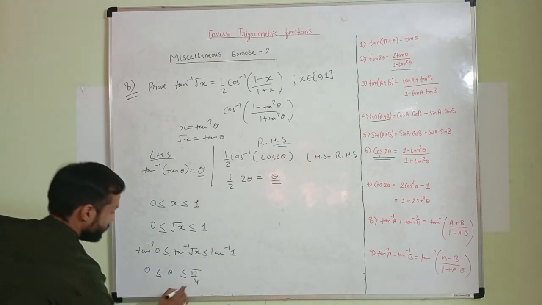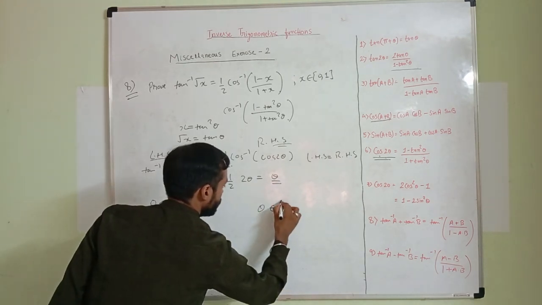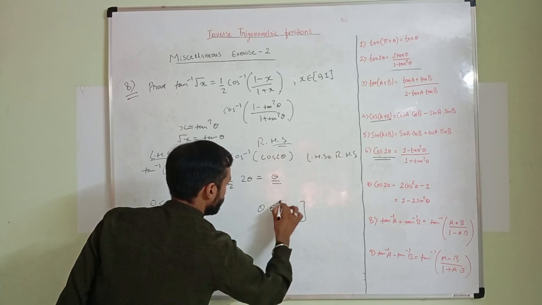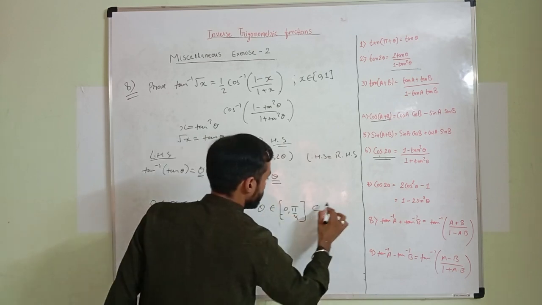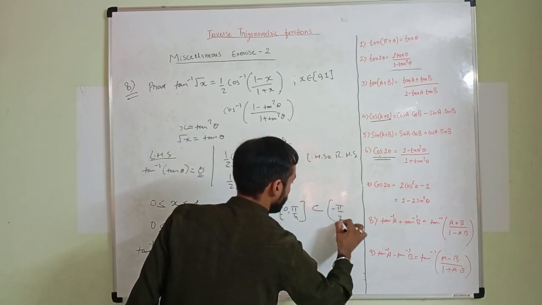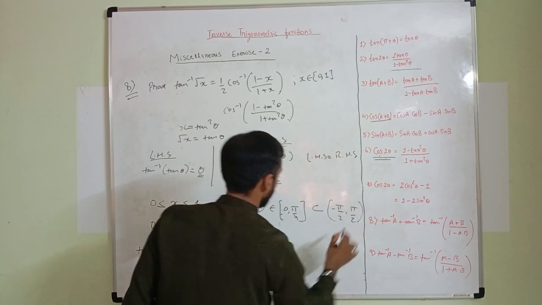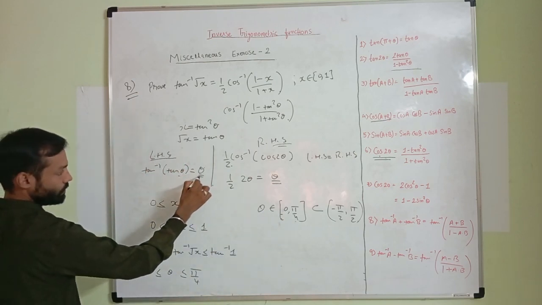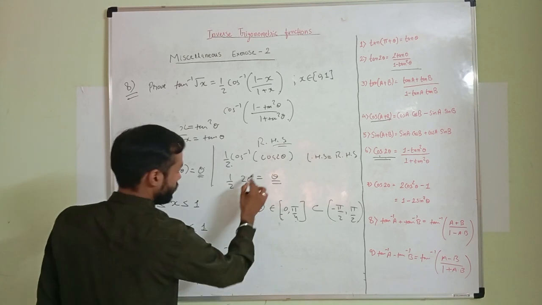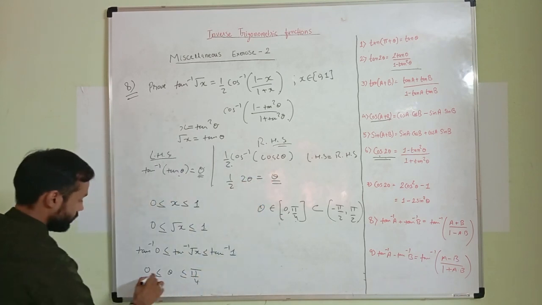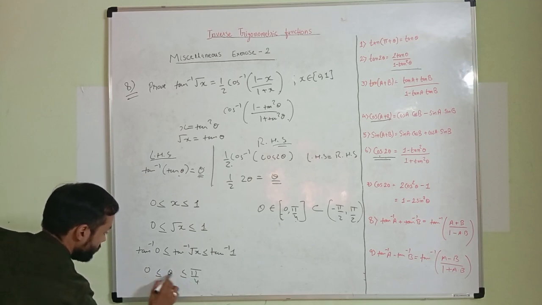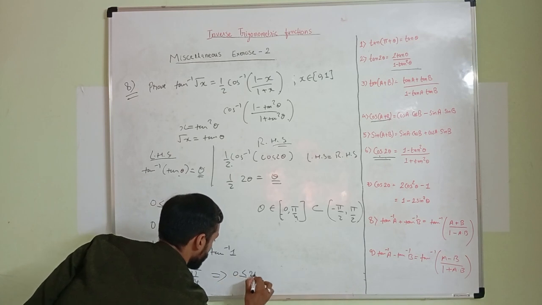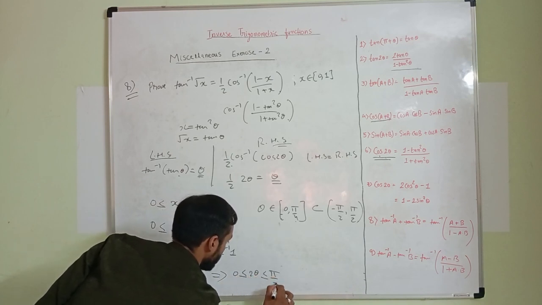So theta belongs to 0 to pi by 4 in this closed interval form, which is actually a subset of minus pi by 2 to pi by 2. So only under this condition can we write tan inverse of tan theta equals theta. And for 2 theta, suppose multiplying this whole equation by 2, we will get 0 less than or equal to 2 theta less than or equal to pi by 2.